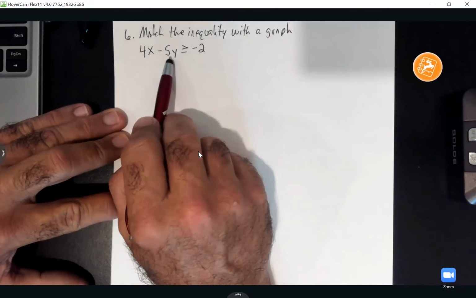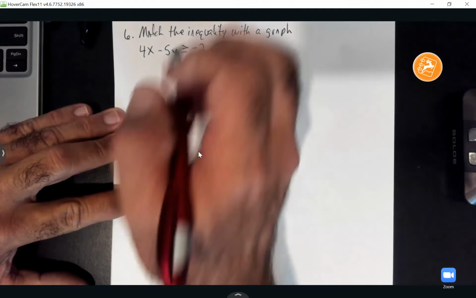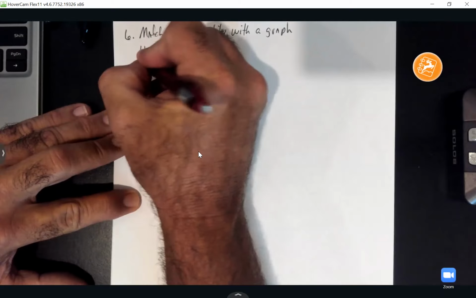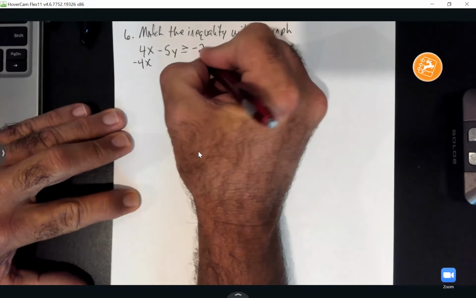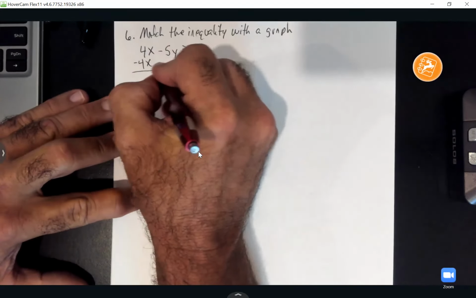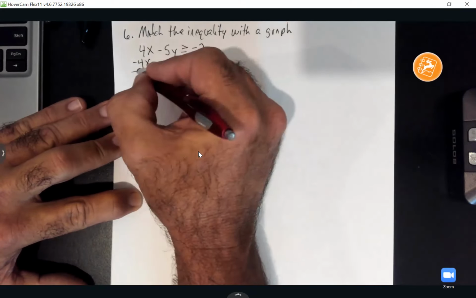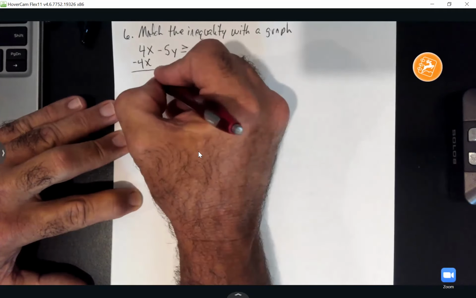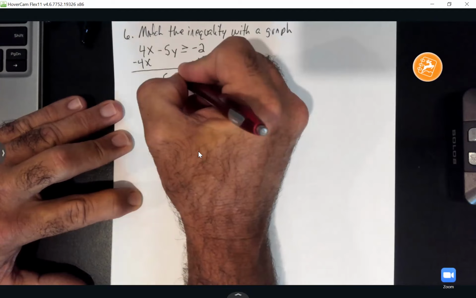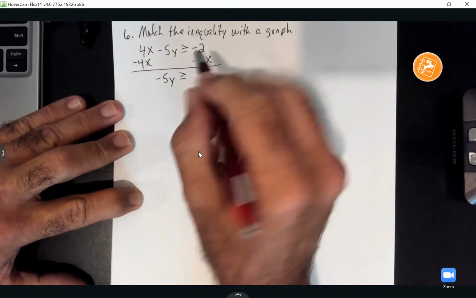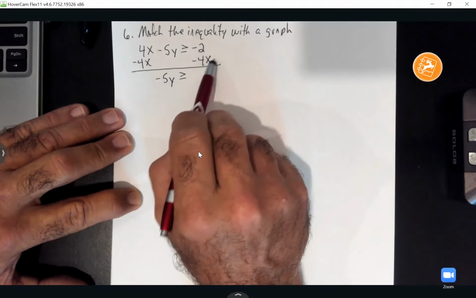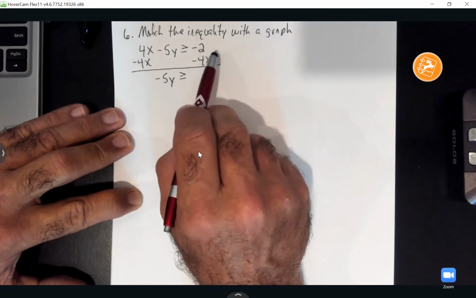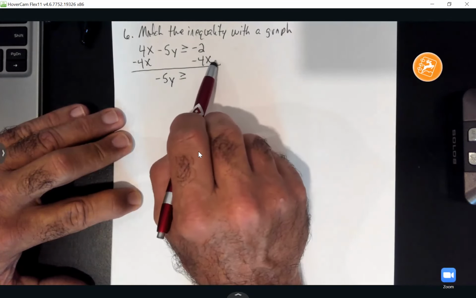So to solve this for the y, you got to move the 4x to the other side. So we'll just subtract 4x from both sides to move that over. So those cancel, bring down that -5y. That's going to be greater than or equal. Now, these are not like terms. So you can do -2 minus 4x.